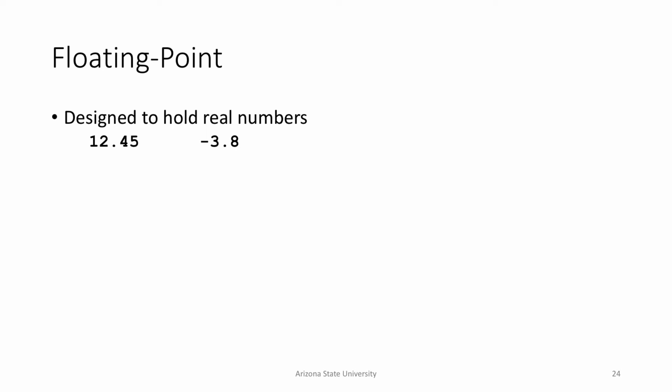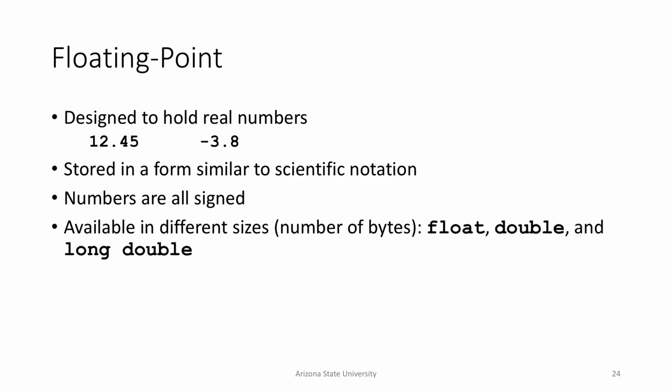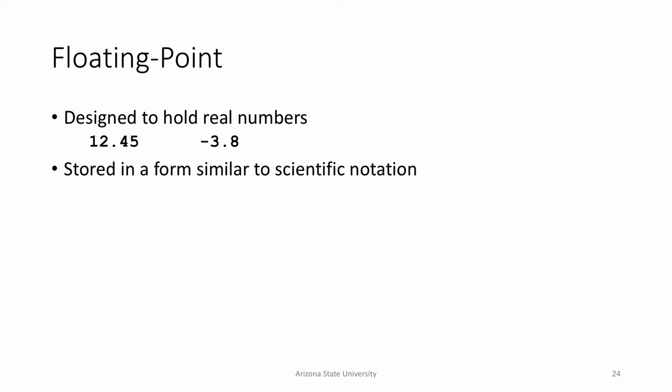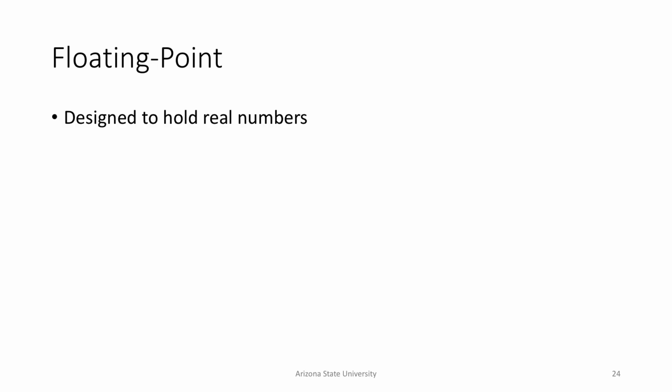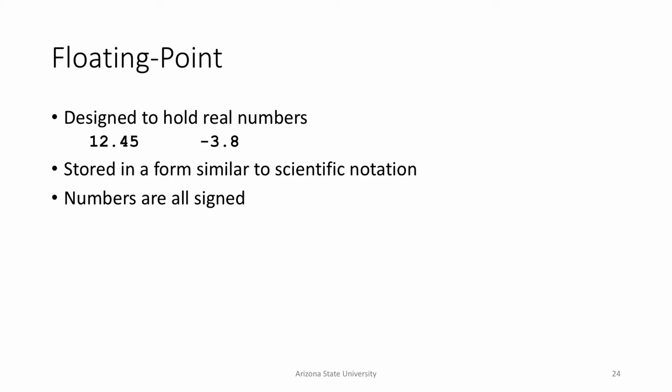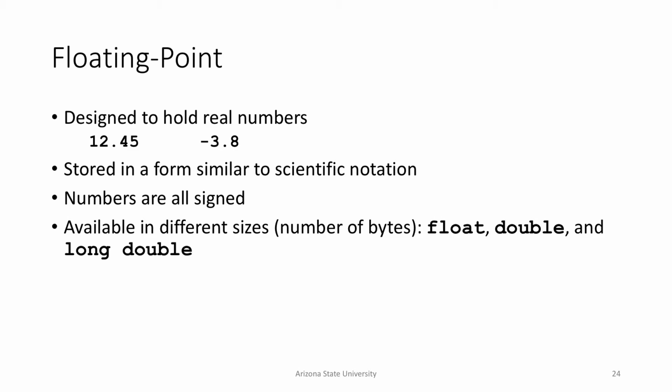You can also store them in scientific notation. There's a slide about it, so on the next slide, I'll show you how to do scientific notation. They're always signed. Because the range of them is so vast anyway, you don't really need more storage for the vast majority of applications, but they're always signed.